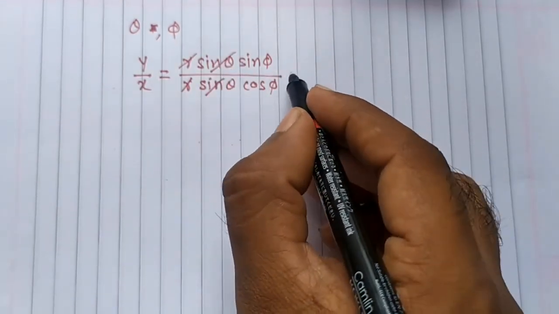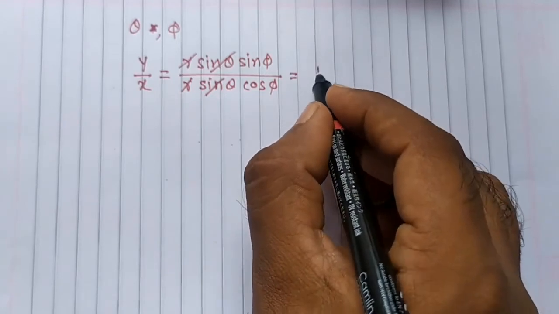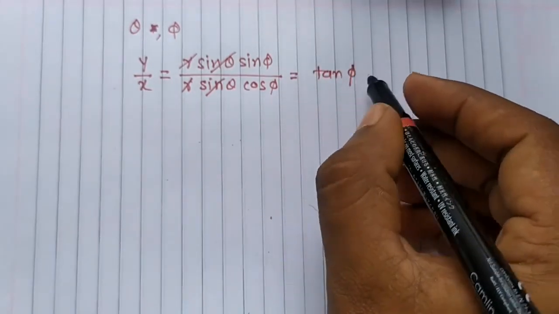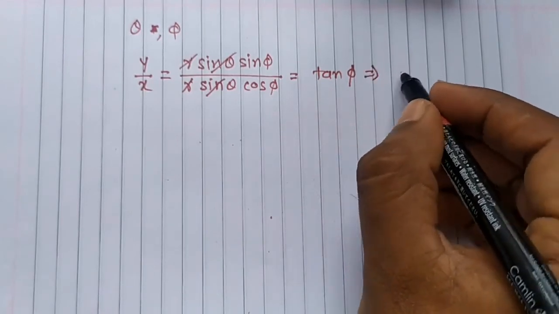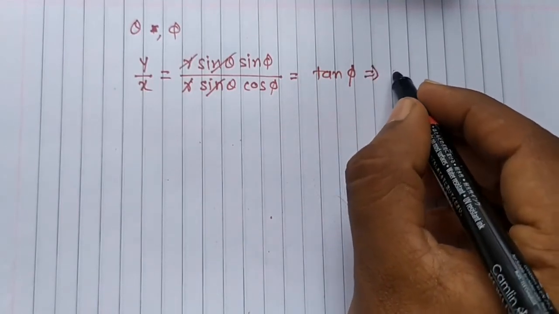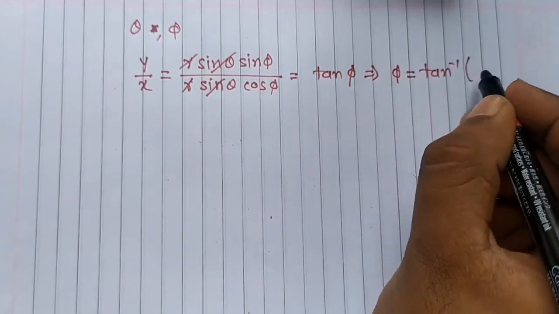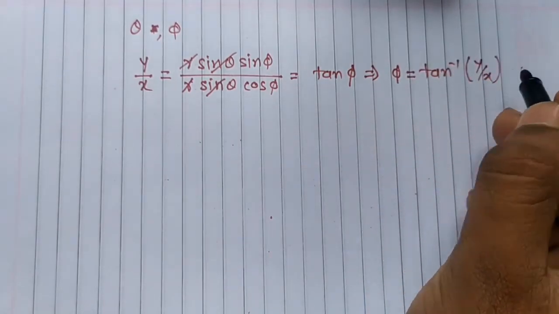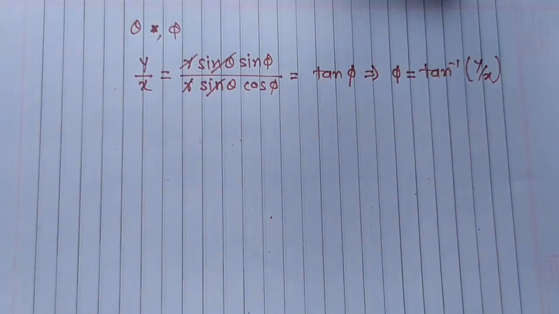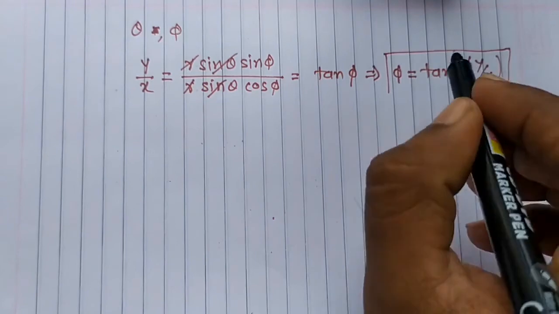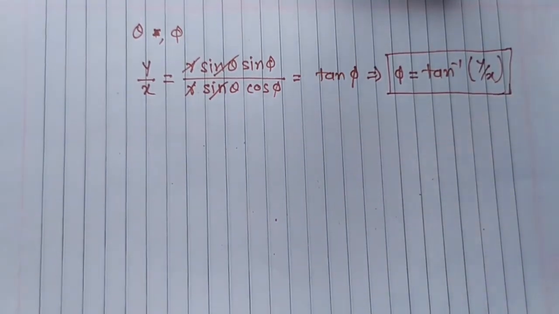I will land up with tan of phi. So this will give me the value of phi, which is phi is equal to tan inverse of y upon x. This is in terms of the Cartesian coordinate system. I have obtained phi.